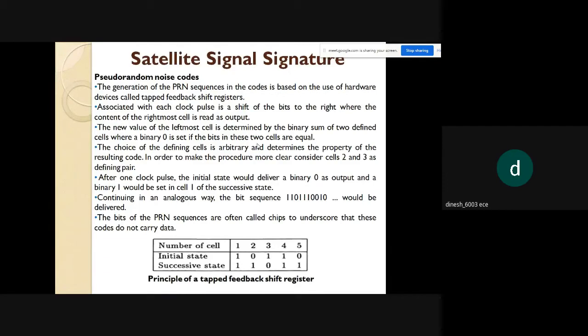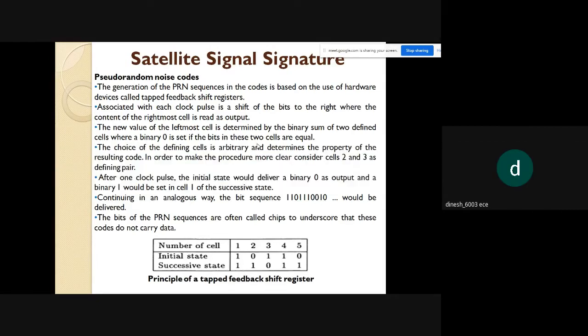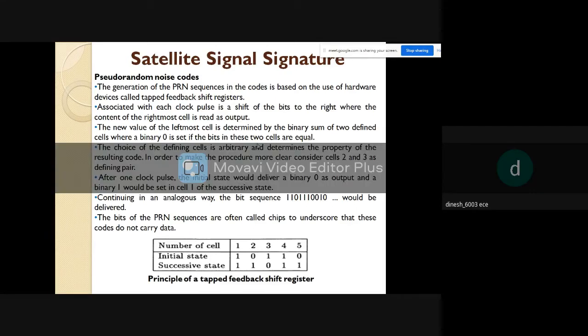To make the procedure clearer, consider two or three defined cells. One after another, a clock pulse is initiated, delivering an output of binary 0, and if you give 1, it is sent to the next cell as 1 for the successive state.